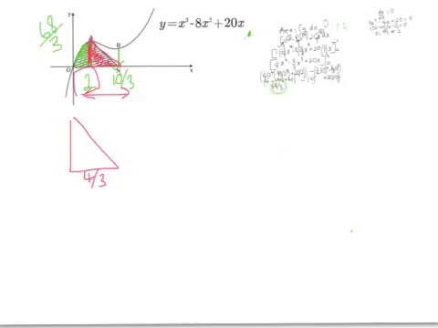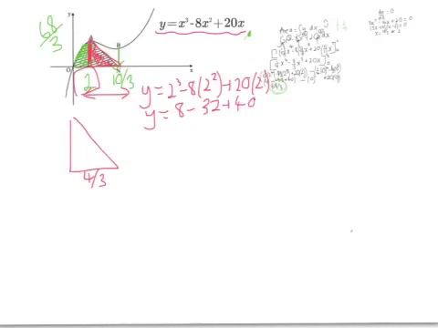The x value is 2. So let's pop that into here. So y equals 2 cubed minus 8 lots of 2 squared plus 20 lots of 2. So I reckon it's coming out as 8 minus 32 plus 40. I reckon the y value is coming out as 16.